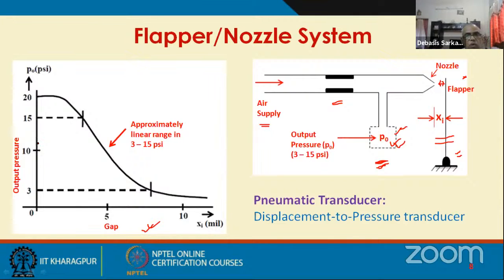So if you look at how this output pressure varies with change in the gap between the flapper and the nozzle, you get this typical curve. And if you look at the curve, the output pressure in the range of 3 to 15 psi varies almost linearly. So this flapper nozzle system is basically a pneumatic transducer which converts this displacement signal to this pressure signal.